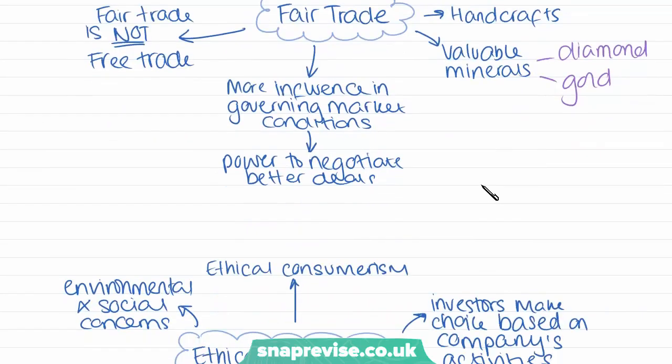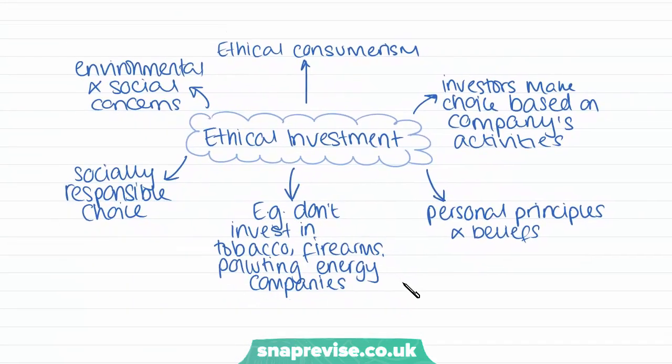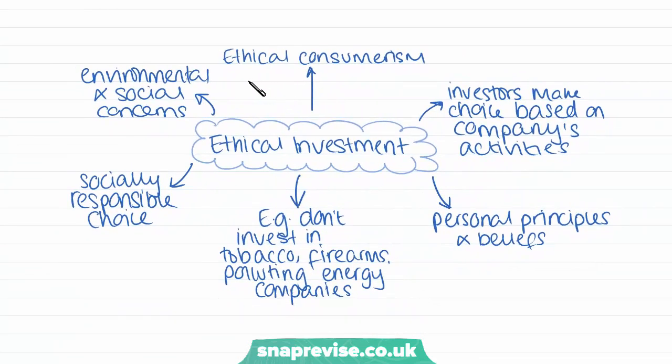So now that we've looked at fair trade, we're now going to look at ethical investment. And ethical investment is a type of ethical consumerism. So consumerism is the process of buying things in an ethical manner. So this is respecting environmental and human rights and so on. And essentially, this type of consumerism involves investors making a choice based on a company's activities, but it's also on a smaller scale based on personal principles and beliefs.